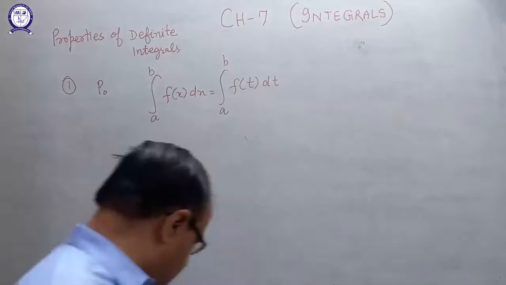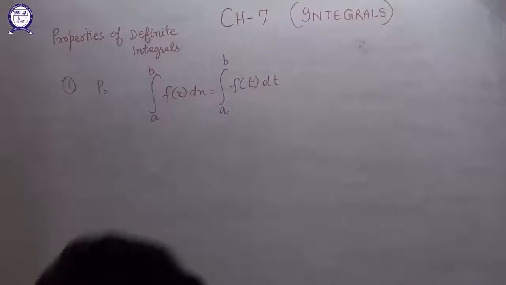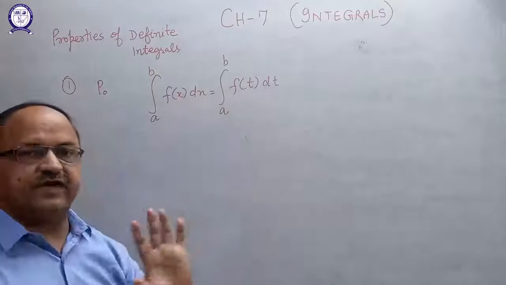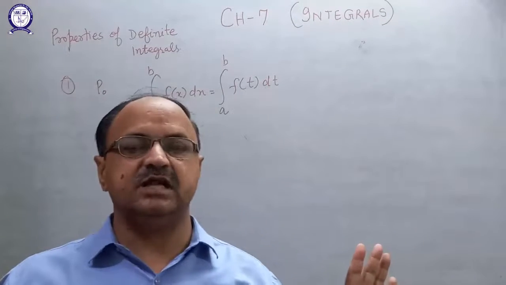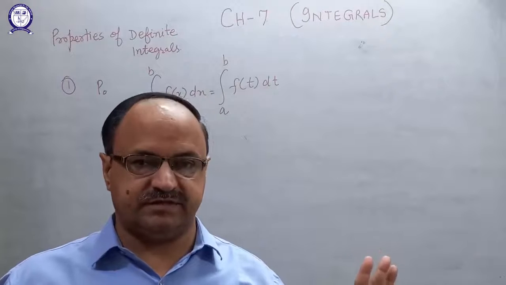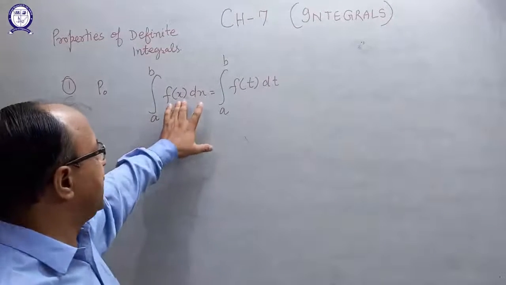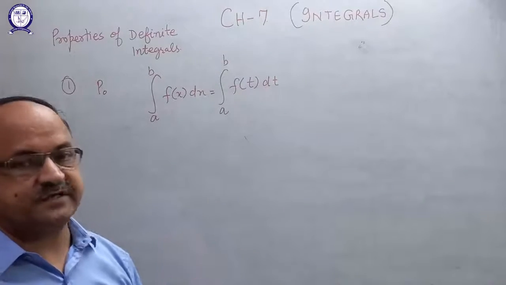This property means you can change the variable. If you change the variable, there is no difference in the answer of both statements, because whether you write x or t, there is no difference. This is the first property.